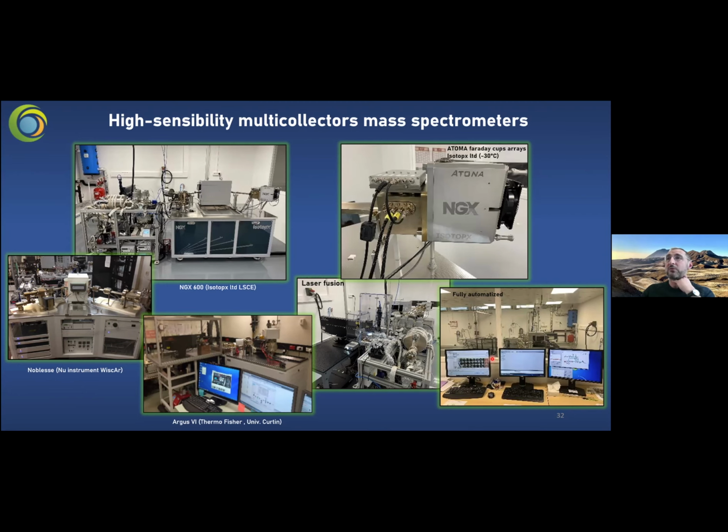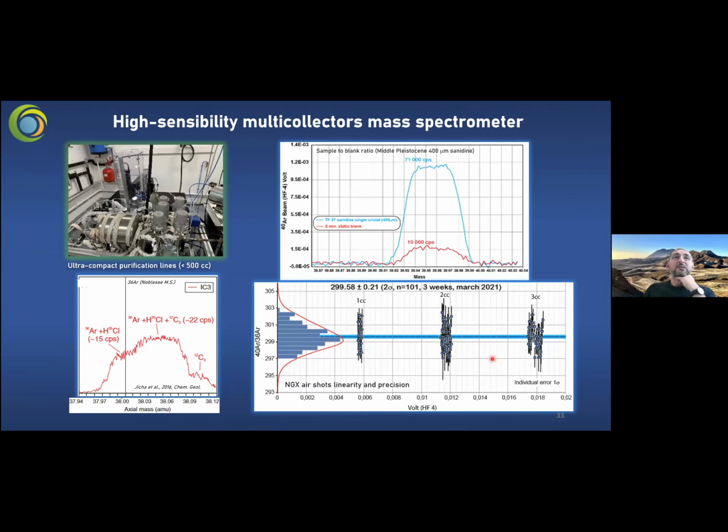It means that they could measure a lot of crystals. These are some examples of ultra-compact purification lines that have only 500 cc. This is our system.